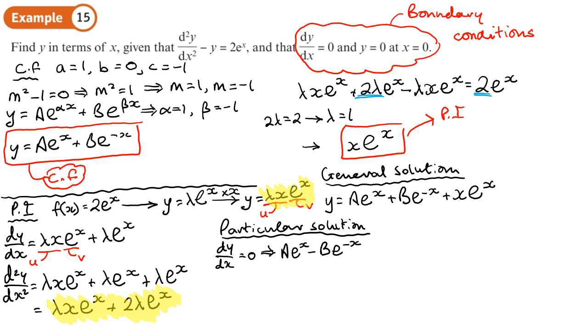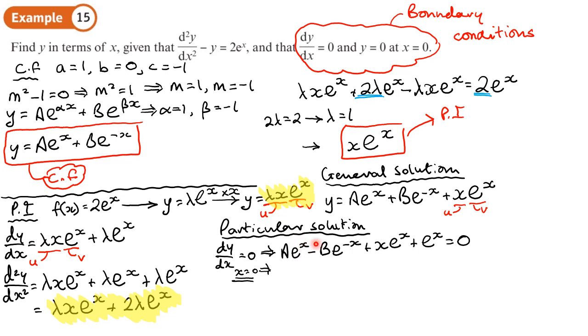Then we'll use the product rule on this, u and v, and that will give me plus x e to the x plus e to the x, and that equals 0. Now we're going to substitute in x equal to 0 into this as well, because all these conditions are all satisfied at the same time.